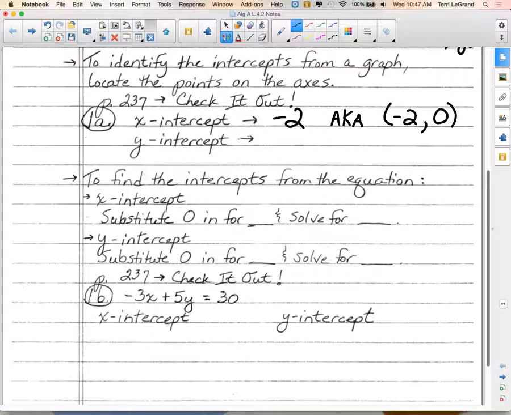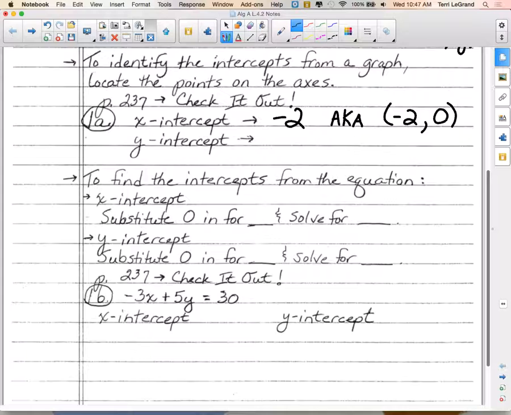Okay, go ahead and write down what you think the y-intercept is now. On your own, from that graph, what is the y-intercept? Okay, someone who has not offered up an answer yet.